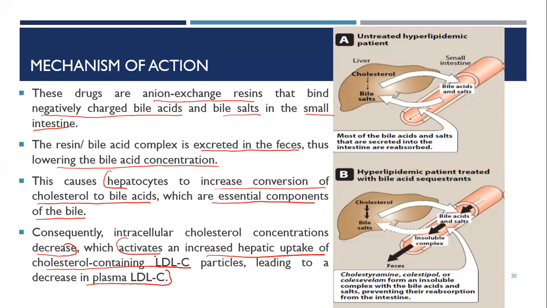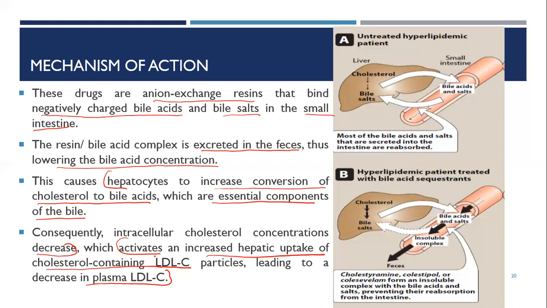Why does bile acid production need to be increased? Because when these drugs act in the small intestine, they cause the excretion of the bile acids. As bile acids are getting excreted, a deficiency of bile acids is created in the small intestine.